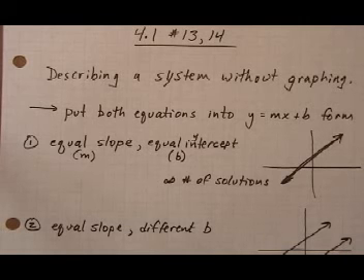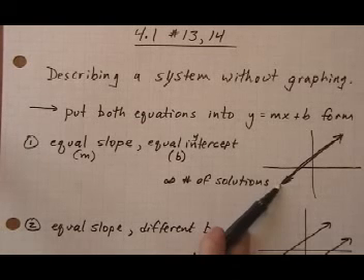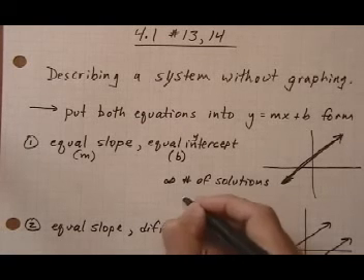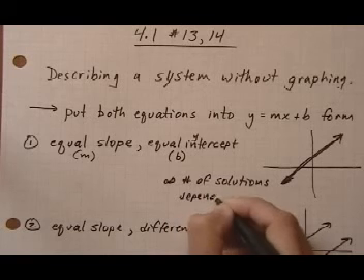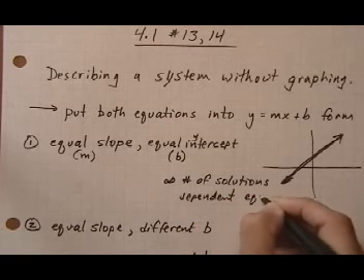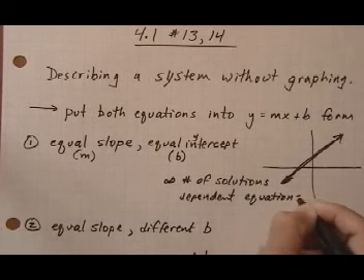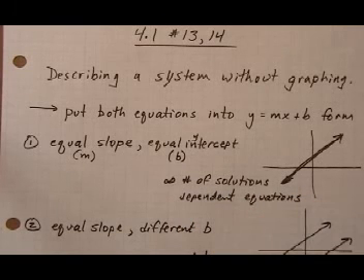They have the same steepness, but they're crossing the y-axis at different points, parallel lines. No solution. Now this system up here, the equations would be called dependent equations, and down here it would be called inconsistent.